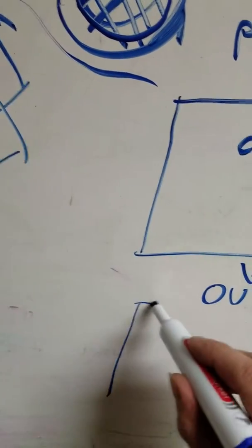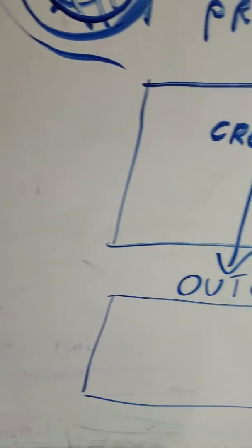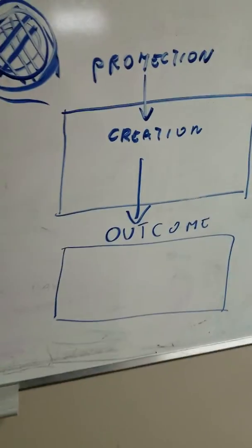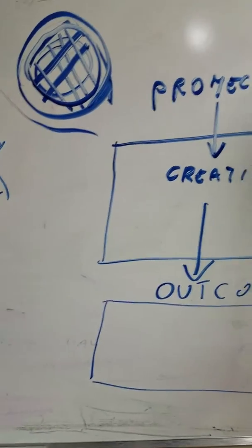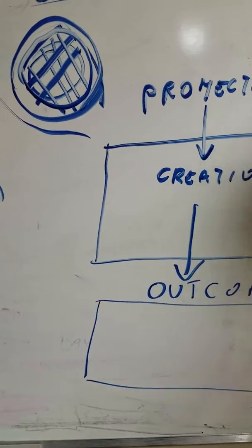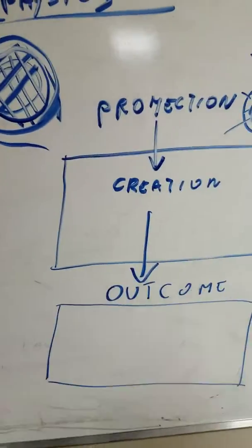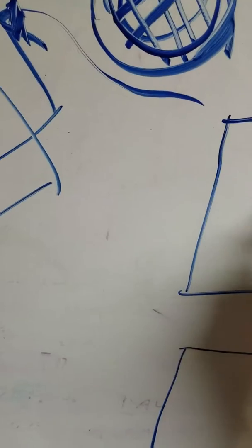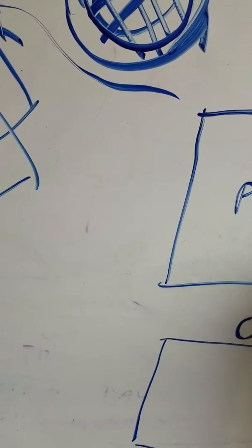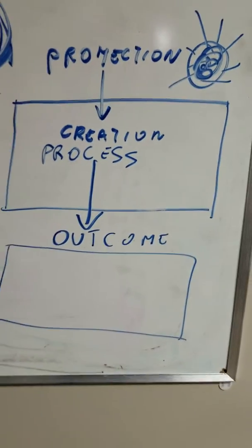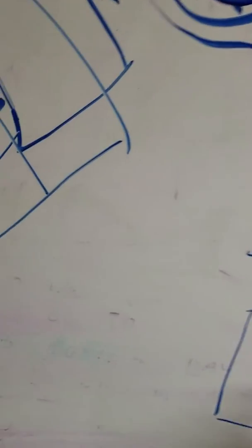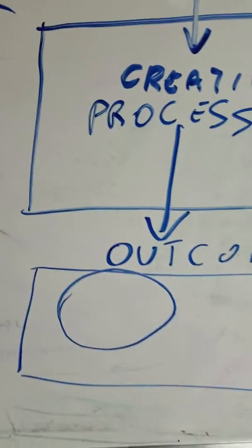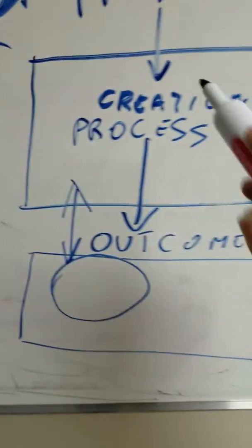In this field we have a totally different cell. So we take a single cell, project some rays at it, and it's affecting it. Then creation is a process, which comes into outcome. And in the outcome, we have a bigger cell, which also goes to the process, because it's created in this box.